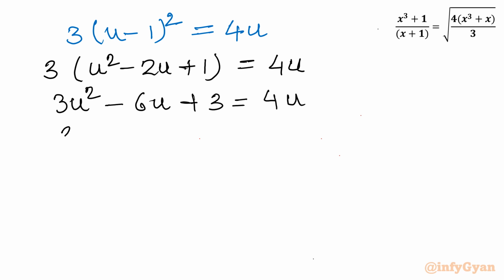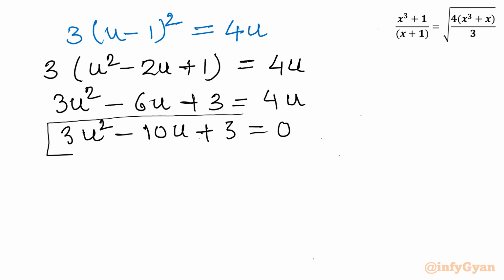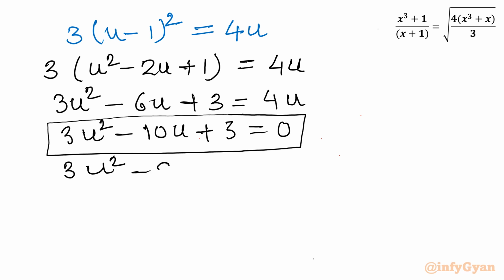Take all the terms to LHS: 3u square minus 6u minus 4u, which is minus 10u, plus 3 equal to 0. Now this is one quadratic equation. We can solve using factorization, using quadratic formula also. Let's use factorization. 3u square minus 10u, I can write as minus 9u minus 1u, plus 3 equal to 0.